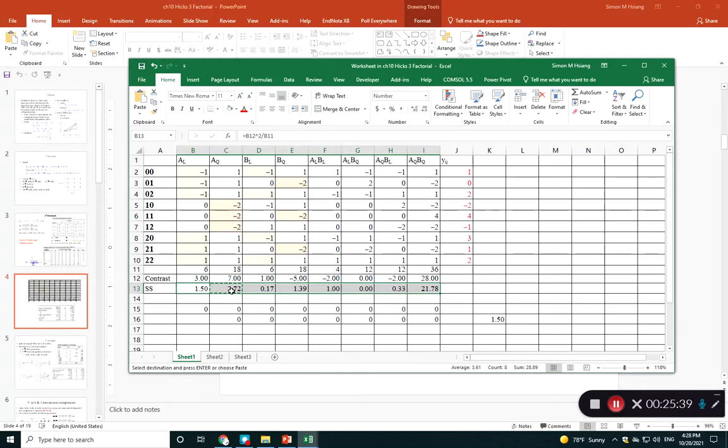Because priority-wise, if I want to talk about an A-B-C interaction, I need to have A strong, B strong, C strong. So it's hierarchical: you start from the main effects and go on.